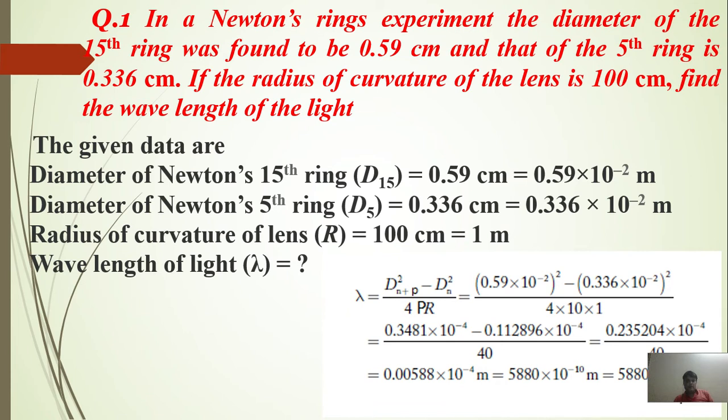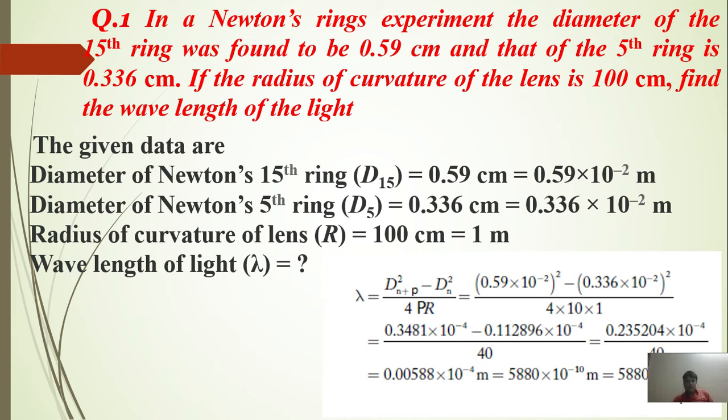So lambda is equal to (D_{n+p} square minus D_n square) by 4pR. Here p is the order difference of the two dark rings or two bright rings. Putting in the values: (0.59 into 10 to the power minus 2) whole square minus (0.336 into 10 to the power minus 2) whole square, by 4 into p, which is 10, into R, which is 1.